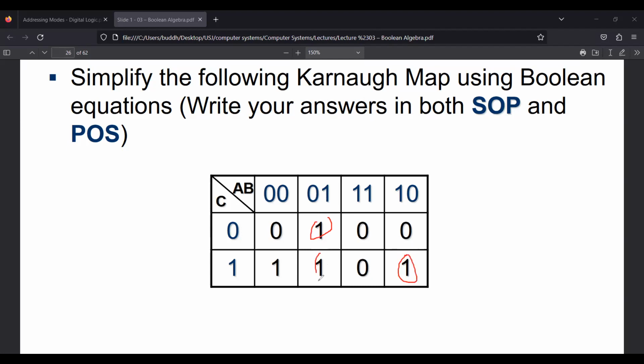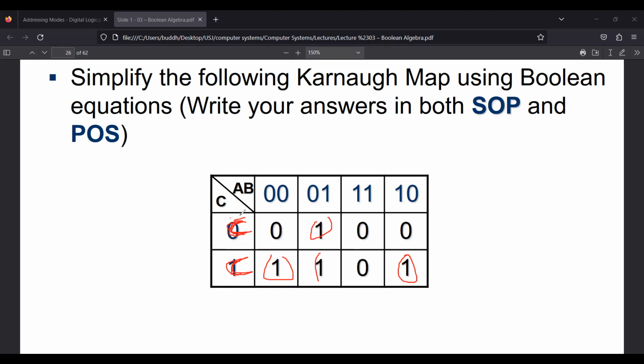Here, this is about C. This is actually C bar, this is C. You can draw the Karnaugh map in this way. So here it mentioned C is the value.